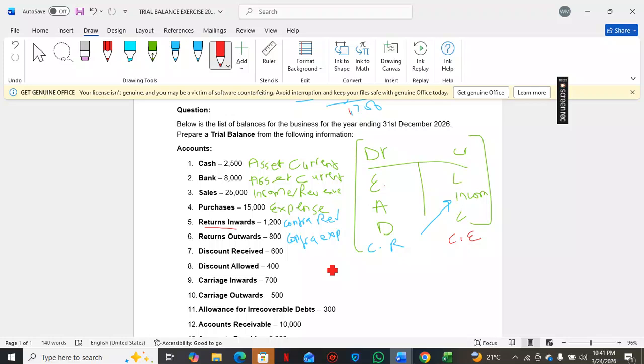Okay, let me try. For example, you are buying goods from your supplier, and instead of paying 2,000, your supplier gives it to you at 1,500 kwacha. Then it means that you're getting a discount of 500 kwacha.